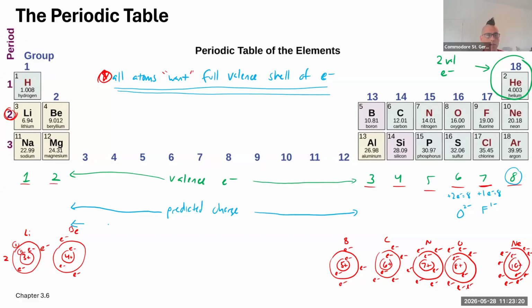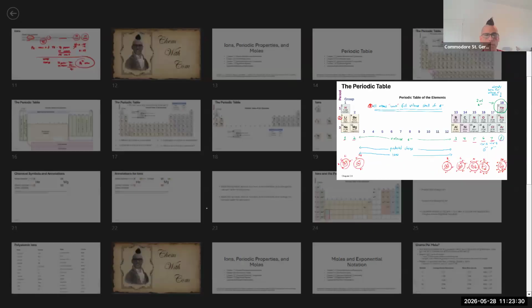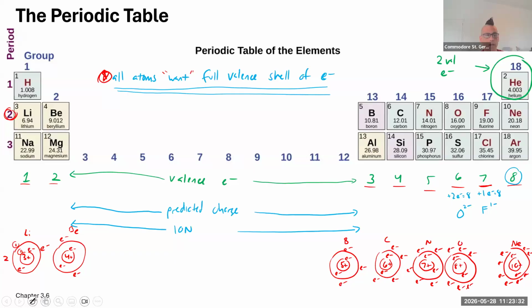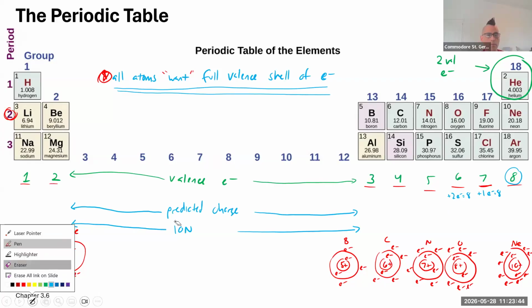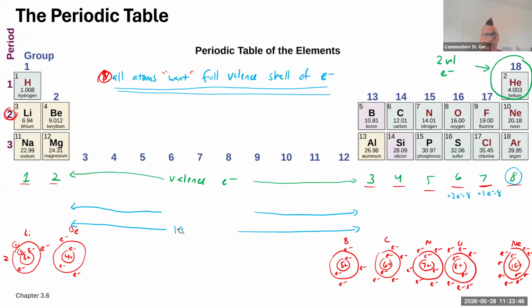Now I'm just going to draw underneath here the ion, right? So let me go back and just kind of reset this, right? So for the predicted charge, let's just say ion.